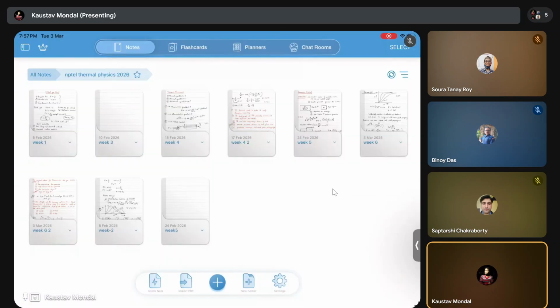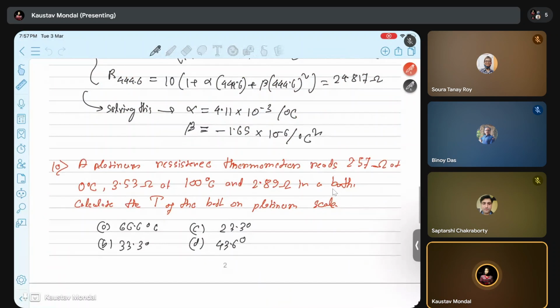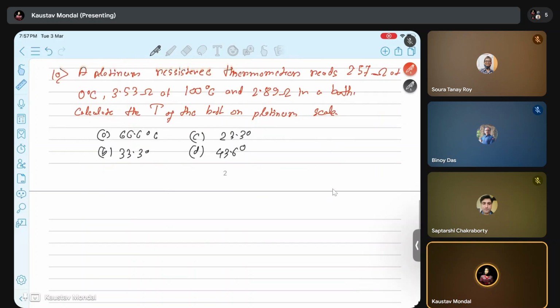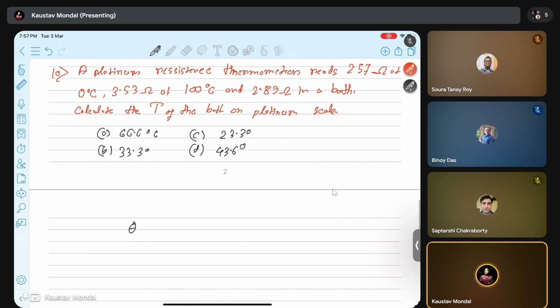So we have all this information, right? The relation is theta equal to 100 into R theta minus R0 by R100 minus R0.